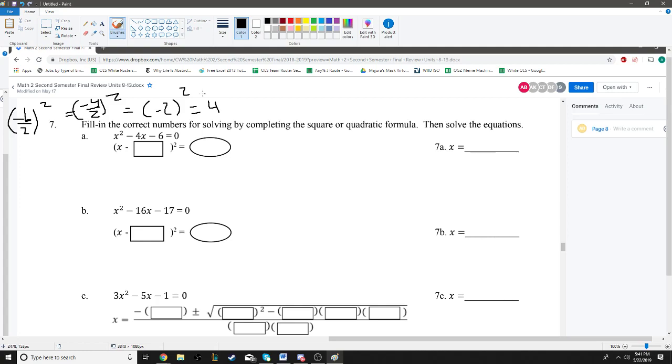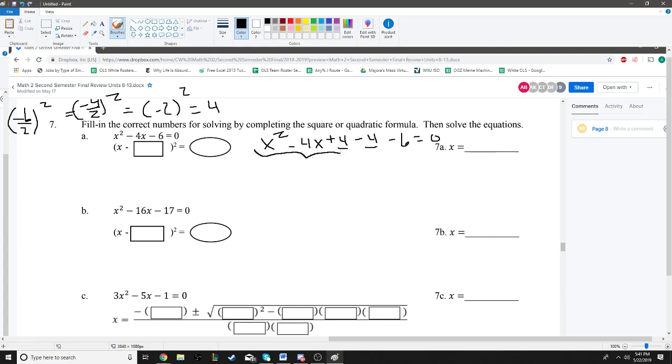Okay, so I always write it out like this. So this is going to be x squared minus 4x plus blank, plus blank minus 6 equals 0. So 4 is what I need to put into each of the blank spaces.